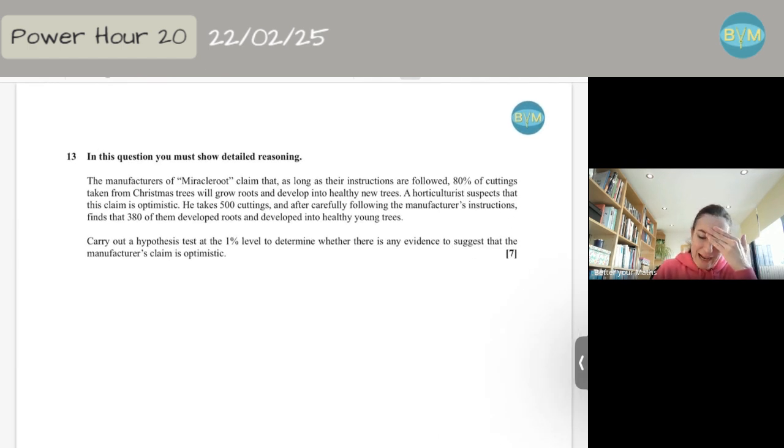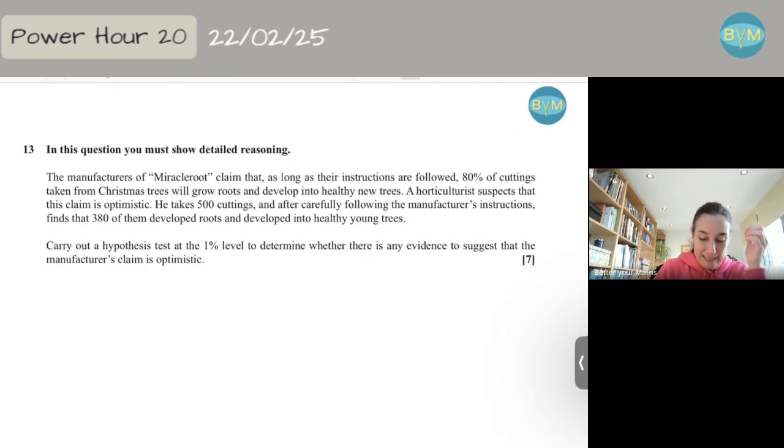We are going to do now hypothesis testing. Remember, hypothesis testing, binomial in year 12, normal and correlation in year 13, but you're going to have one or more. Manufacturers of miracle root claim that as long as the instructions are followed, 80% of cuttings taken from Christmas trees will grow roots and develop into healthy new trees.